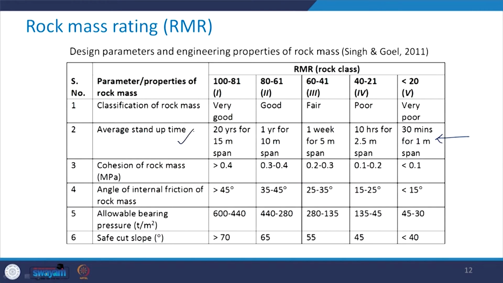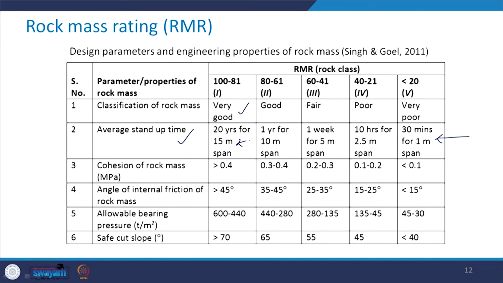In case you have very good quality rock mass, the average stand up time is 20 years for 15 meter of span. That means a 15 meter span can stand up to 20 years without caving in.